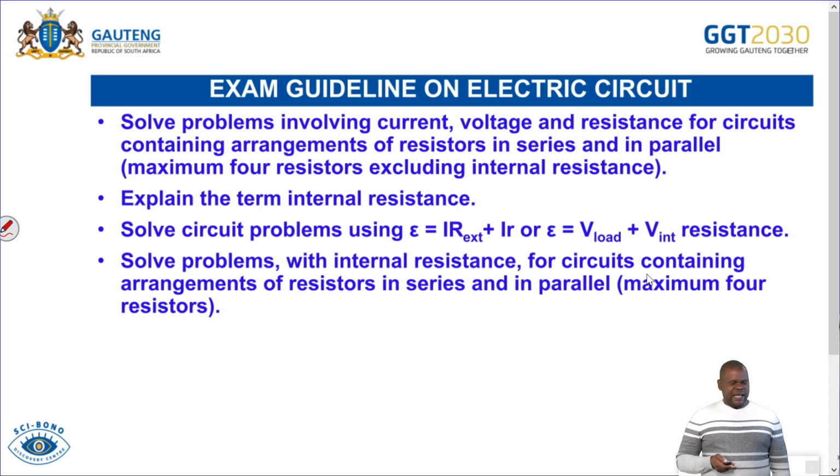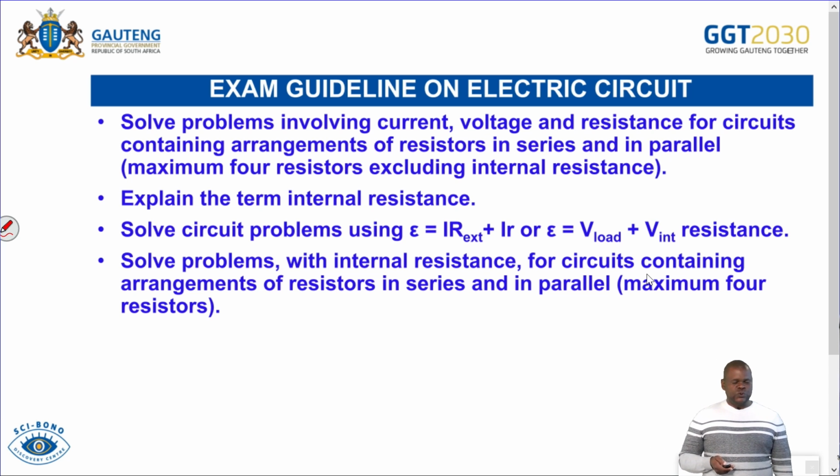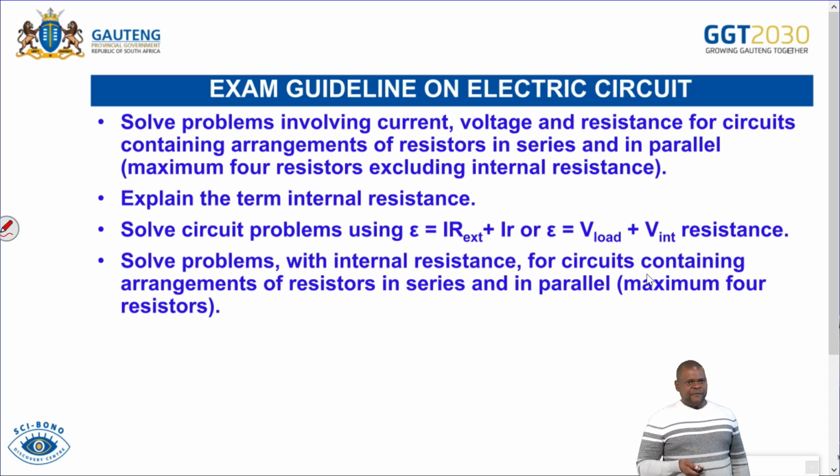Solve the circuit problem using the formula EMF is equal to current multiplied by external resistance plus current multiplied by internal resistance, or EMF is equal to V load plus V internal resistance.